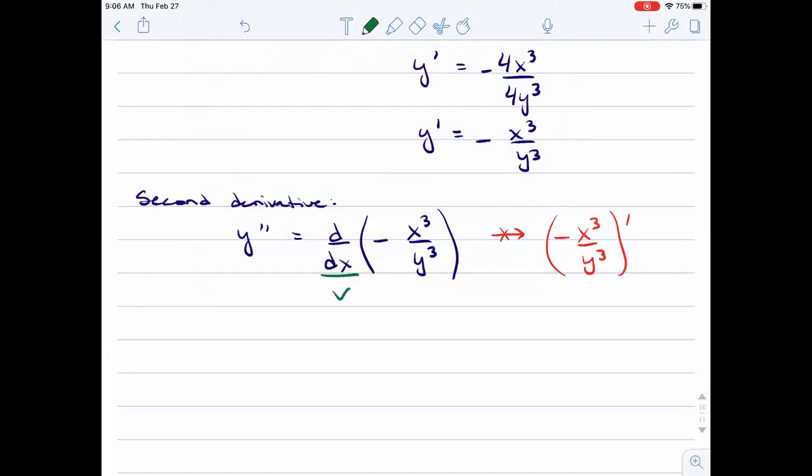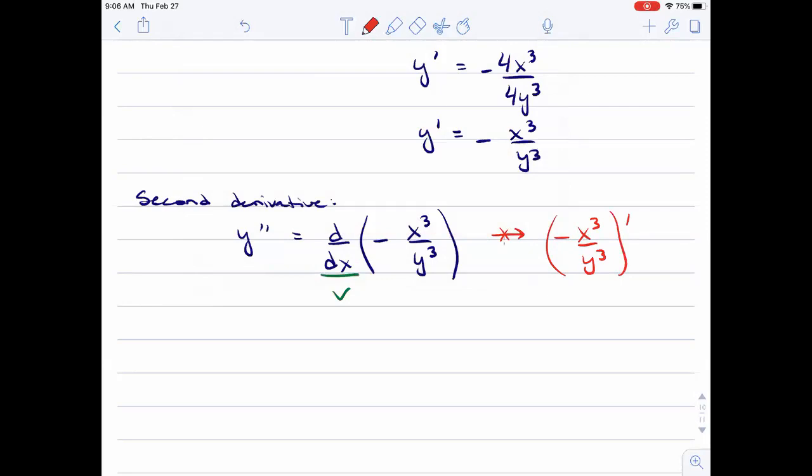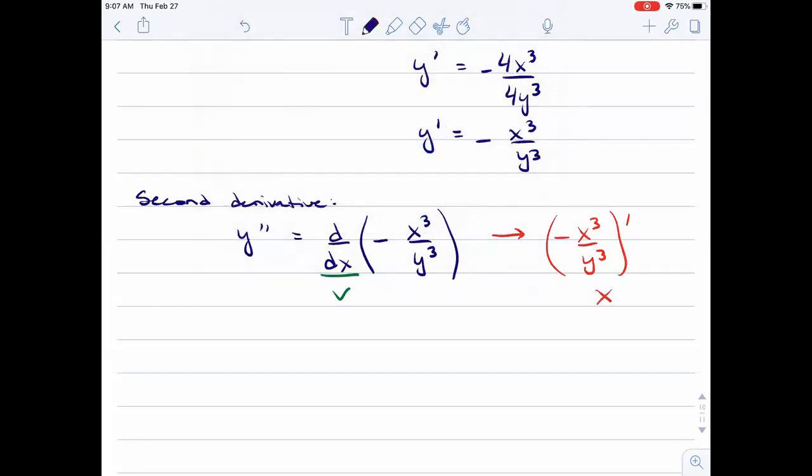All right, this looks good. Does it work? Yes, but it just looks better with the d dx.